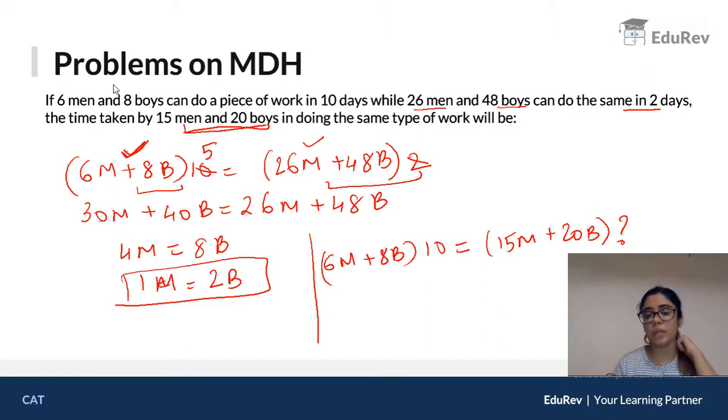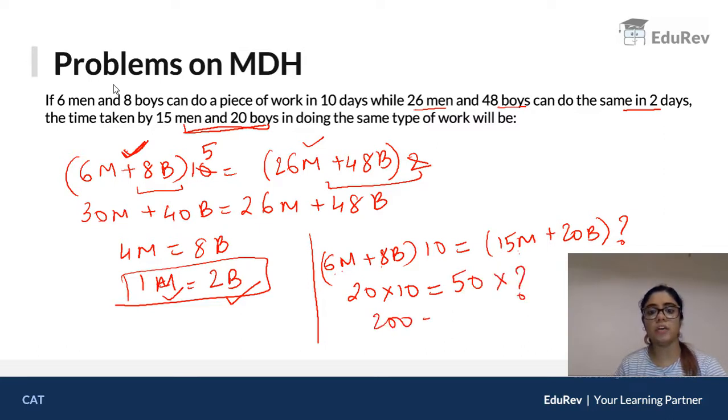Okay, this is how we are going to equate. But we know one man is 2 times the boys. So 6 men will be 12 boys. 12 plus 8 will be 20 boys taking 10 days, which is equal to 15 men. 15 men will be 30 boys. 30 plus 20 will be 50 boys taking how many days?